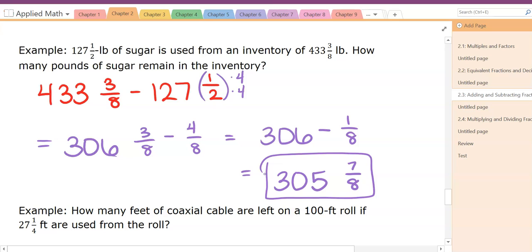Okay, why don't you guys try the second one? How many feet of cable are left on a 100-foot roll if 27 1/4 feet are used?